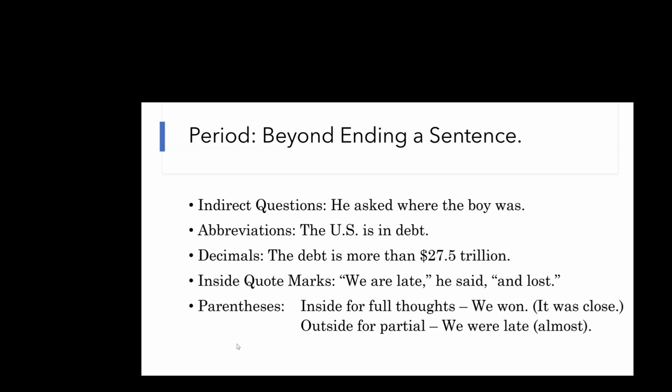Now, if it's a partial thought or just a single word, the period in this case would go outside. We were late, parentheses, almost, close parentheses, period. "Almost" isn't a complete thought or a complete sentence, so the period goes outside.